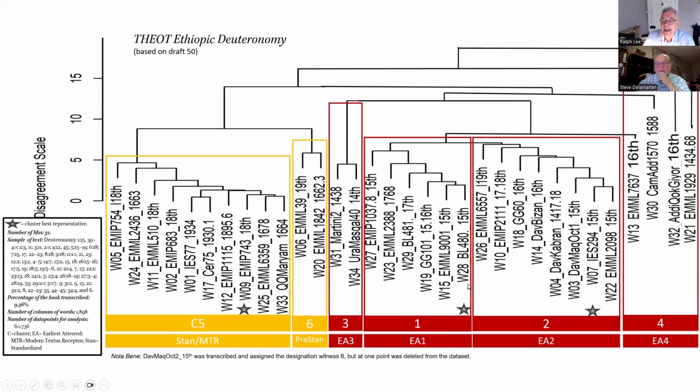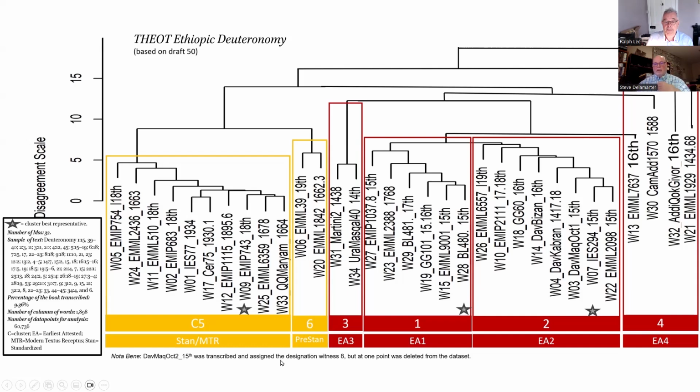And then with EA3 and EA4, we see this slightly more distributed behavior that still brings them together in association with each other, but in a rather looser way than EA1 and 2. And then in STAN-MTR, we see this behavior that's right across the cluster. And as we saw, we mostly see that all of the manuscripts of STAN-MTR cite innovations of the 17th century.